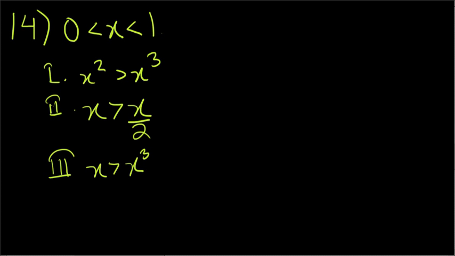Well, if it's greater than 0 and less than 1 and not equal to either 0 or 1, let's assume the exact middle number, 0.5. In the first case, 0.5 squared is 0.25, and 0.5 cubed is 0.125. 0.25 is definitely greater than 0.125, so that works.